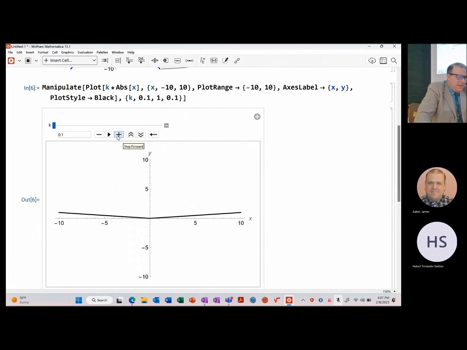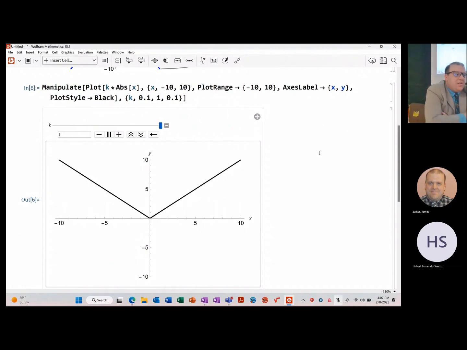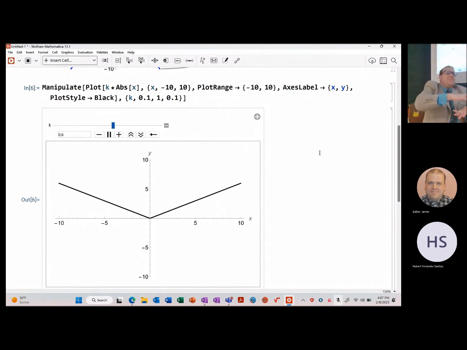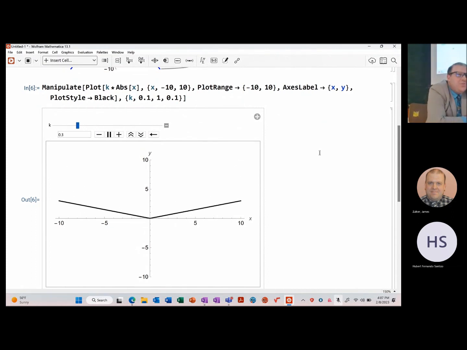Except now I want it to go backwards. It starts to flatten out, right? So you can kind of imagine squishing it, stretching it. What about horizontal compression stretching though, not vertical?